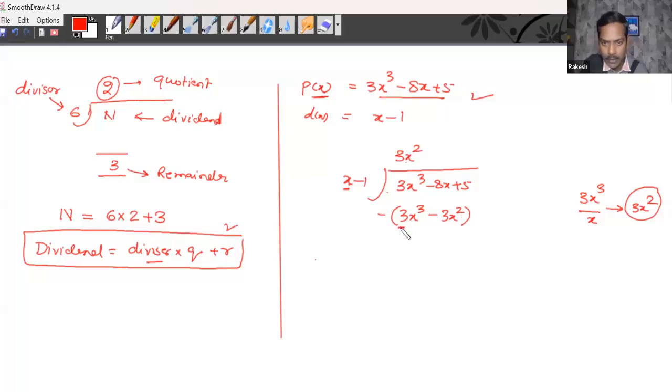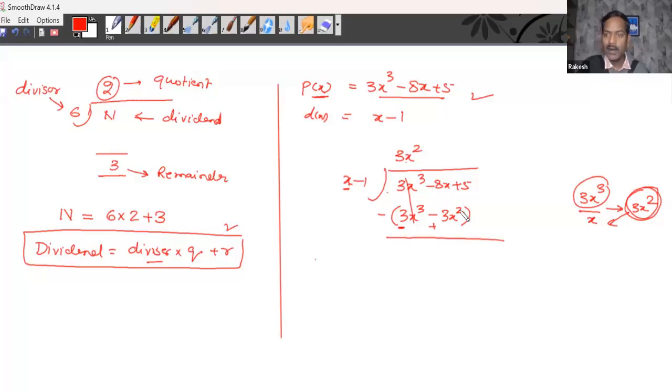So here I'm writing the resultant sign. The resultant sign will be minus here, and plus here. Clearly 3x cubed minus 3x cubed will get cancelled out. Why are we doing this? Because we want to cancel the very first term. This is the reason we want to find out what should be multiplied to x so that we get the first term, right? This is the logic behind it.